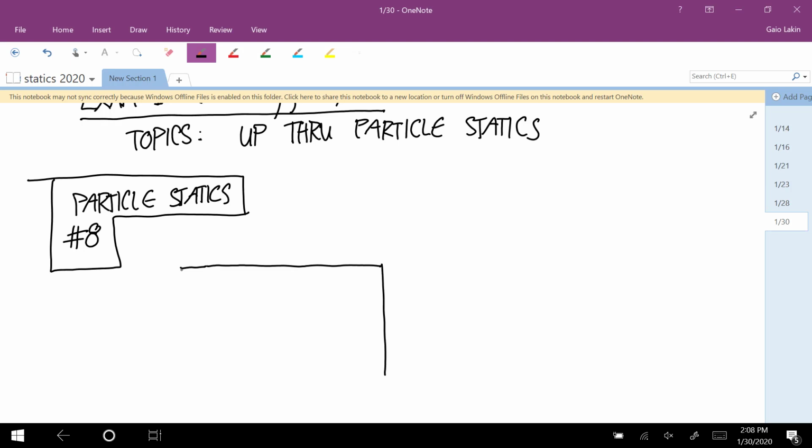Okay, so you have a mass that's connected to these 2 hanging pulleys. And then there are 2 pulleys connected to the ceiling.